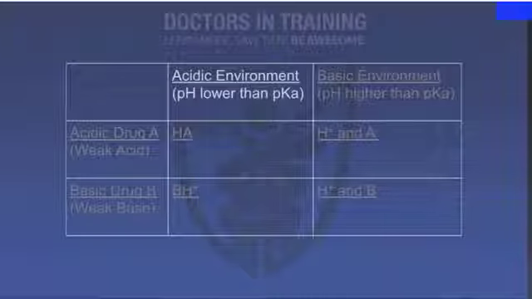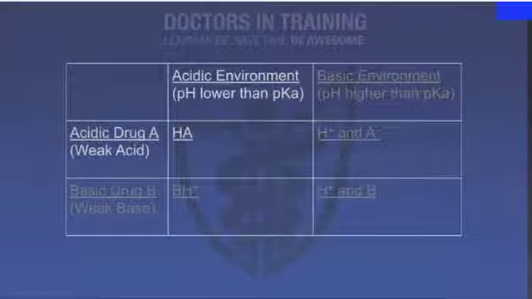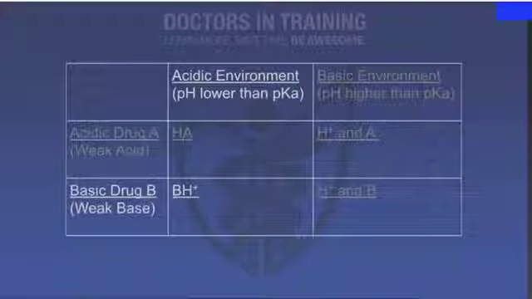So if the pH of the urine is lower than the pKa, then the protonated form of the drug is going to be predominant. And for acids, the protonated version is HA. If you have a basic drug, the protonated form is still predominating, and the protonated form of the basic drug is BH+.